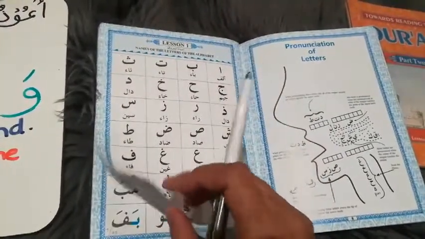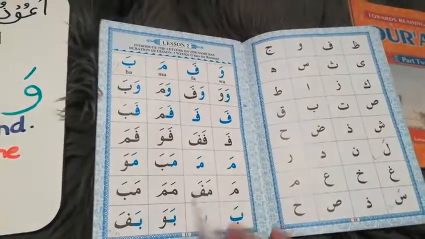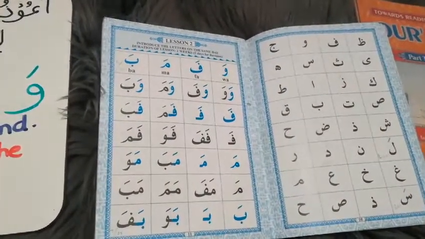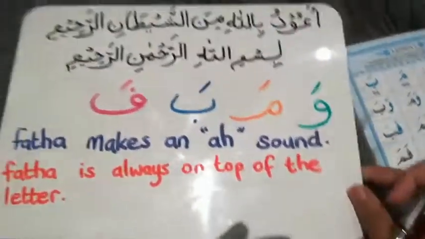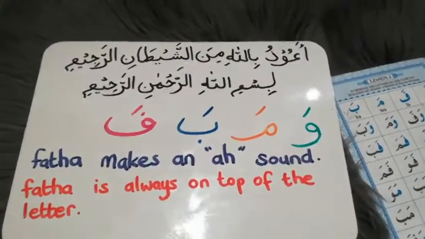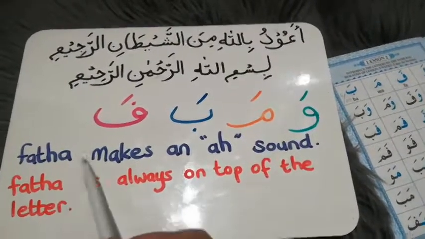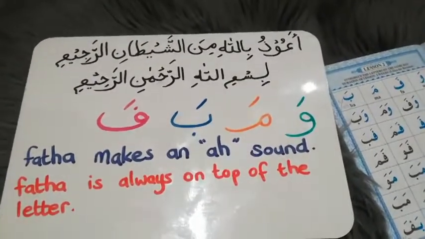Can you remember from the song? So in that way, you are already familiar with the sound of the letter. Okay, so let's look at the board. We are going to recap on the 4 letters that are in front of us. And we're going to remind us about the fatha. What is the fatha all about?